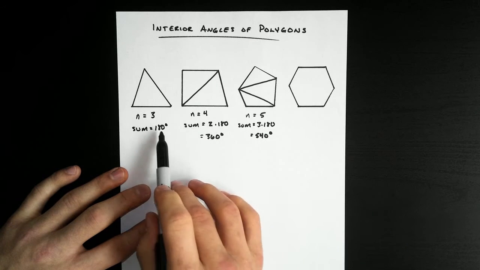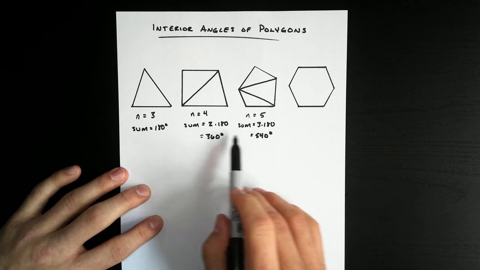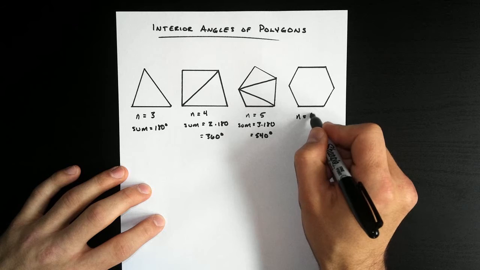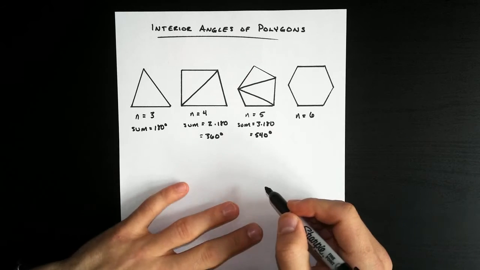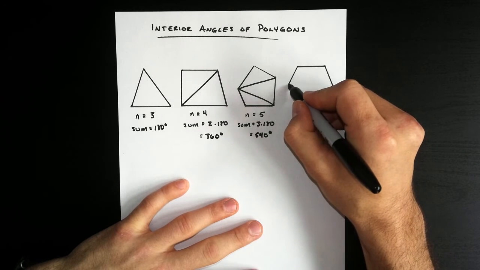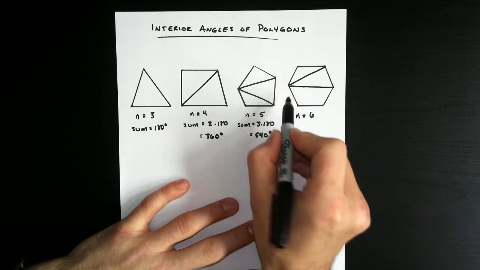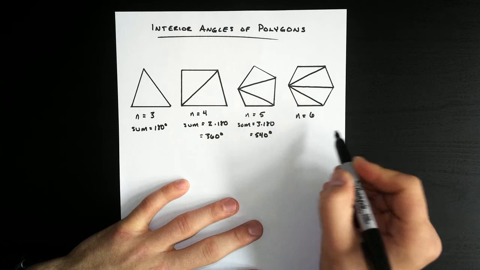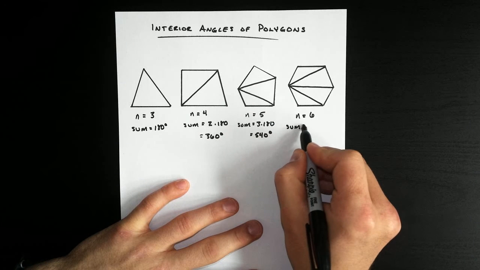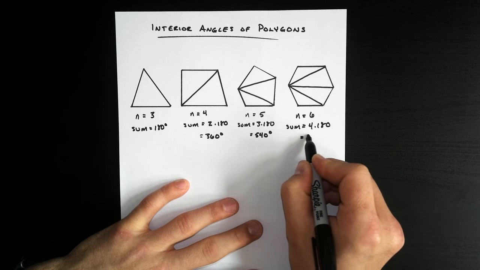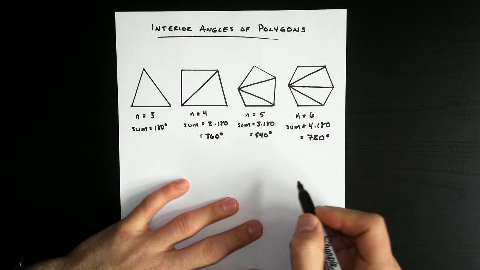And by now you can probably already see the pattern. It is increasing by 180 every time. So for our hexagon, n is equal to 6. If we draw in the diagonals from one of these vertices, we can split the hexagon up into 4 triangles. So 4 times 180, we get a total of 720.